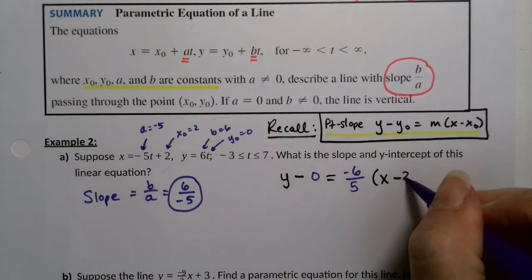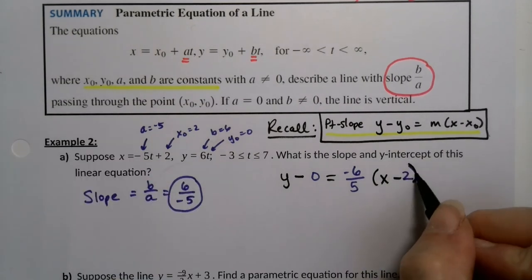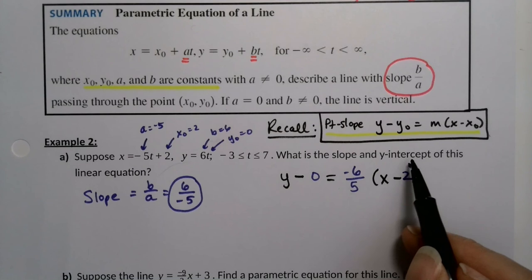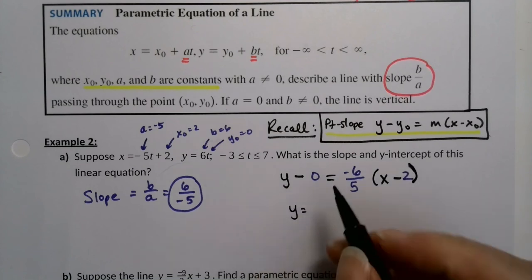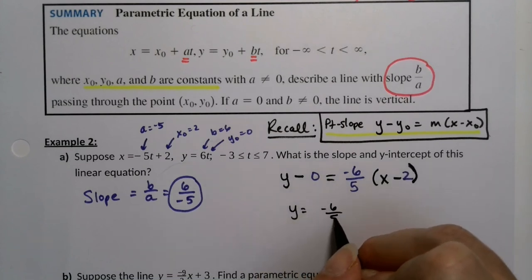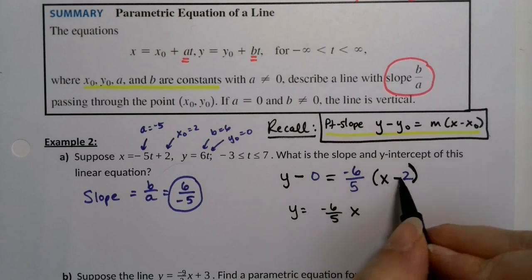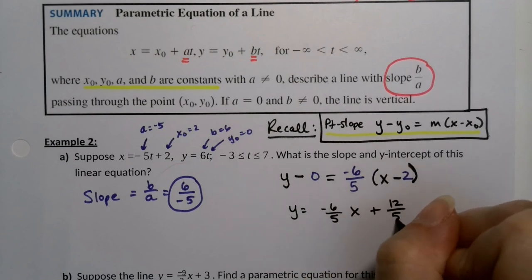I can use this to find the value for the y-intercept, because the y-intercept is 0 comma b. So this would be y equals negative 6/5 x plus 12 over 5.